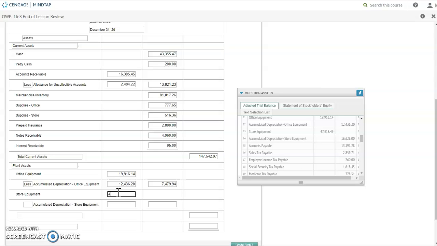Okay, then I have my store equipment. Again, I'm going to less my contra account. I'm going to subtract those two to find my book value.